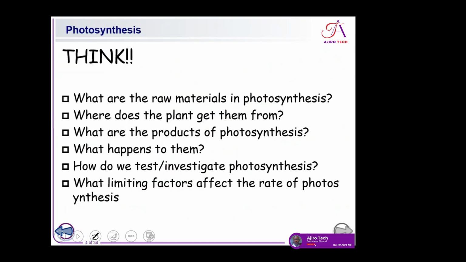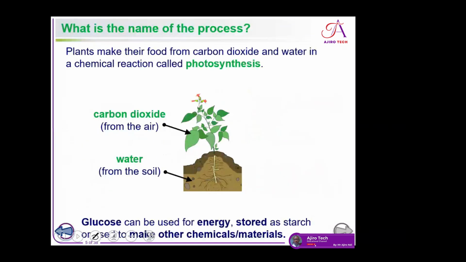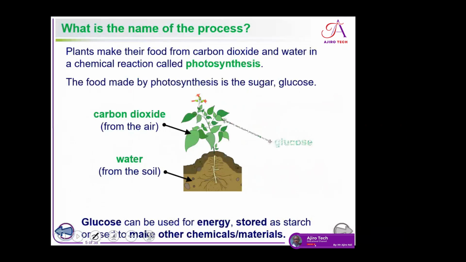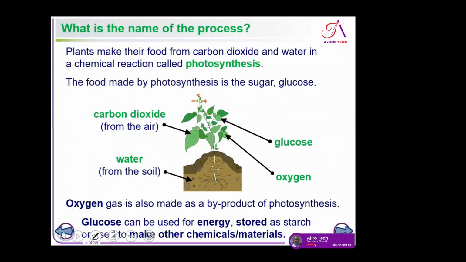So we will look at the raw materials, where they are gotten from, and the products, what happens to the products after photosynthesis has happened. Just like I told you, for plants to survive, they need food. They make their food themselves, so they are called autotrophs.